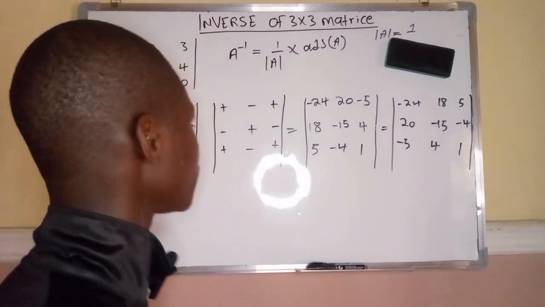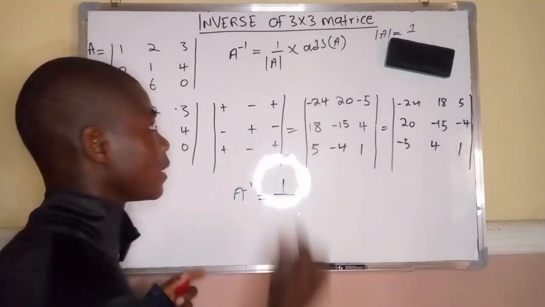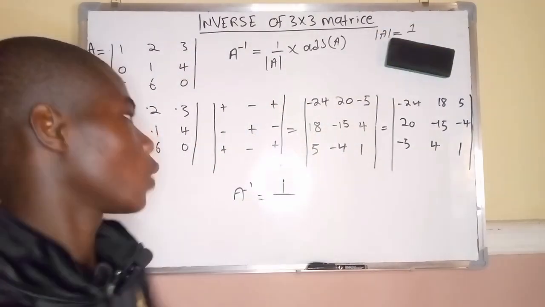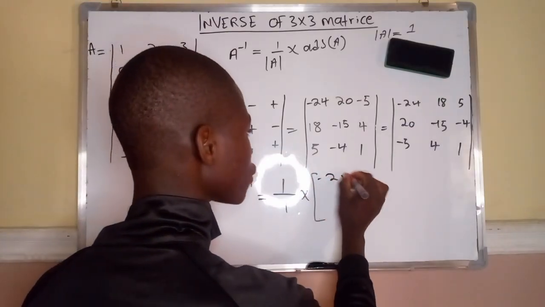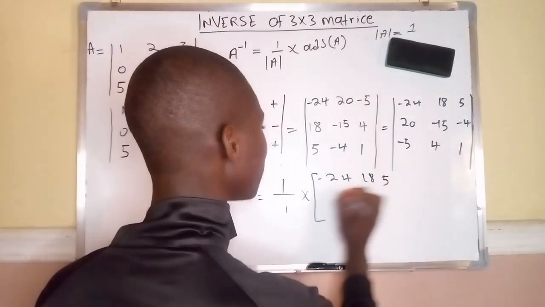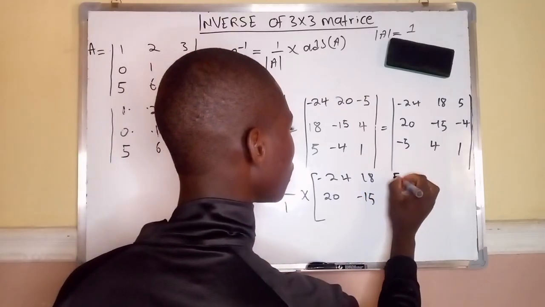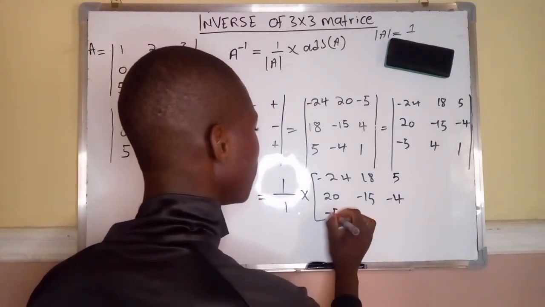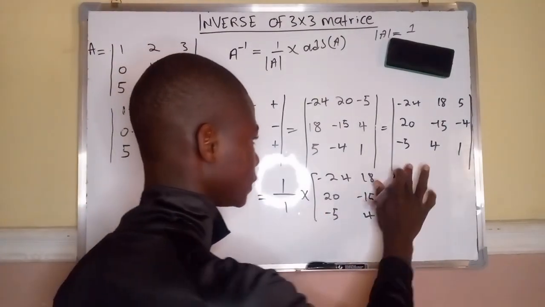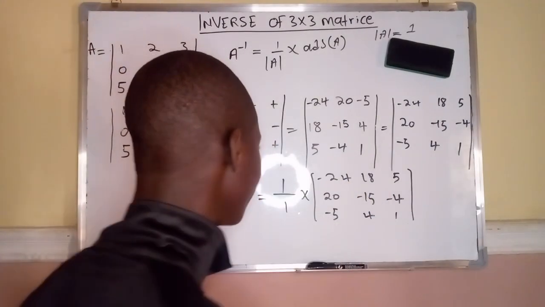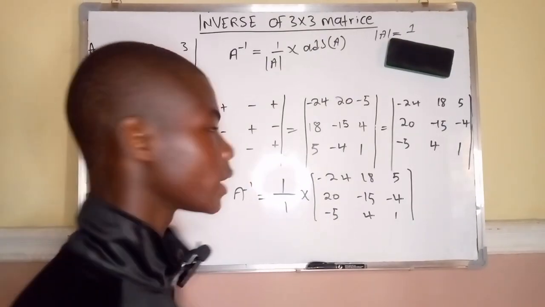So this is the adjoint of this matrix, but we are asked to find the inverse of a matrix. 1 over the determinant. The determinant is 1. To multiply by the adjoint, which is minus 24, 18, 5, and then 20, minus 15, and then minus 4, minus 5, 4, and 1. So to find the inverse, 1 over 1 is 1, multiplied by the adjoint. 1 multiplied by any number is that number.